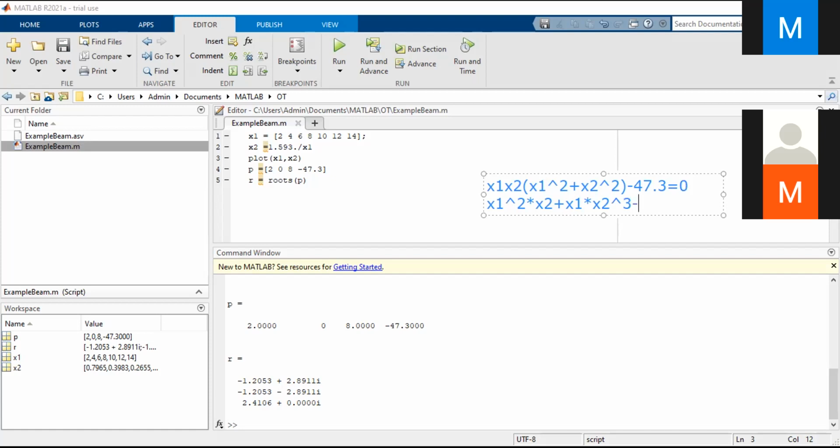Minus 47.3 is equal to 0. Clear? So now if I put here x1 is equal to 2, so we have done some mistake. No, it's not a mistake, it's right.